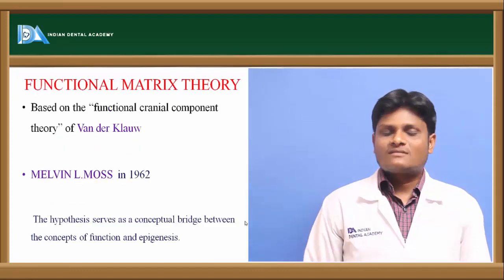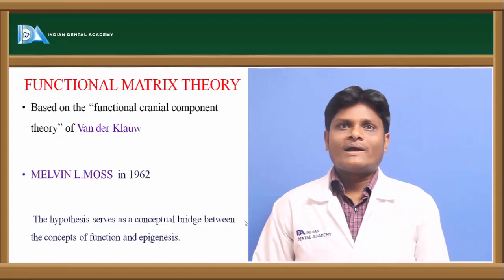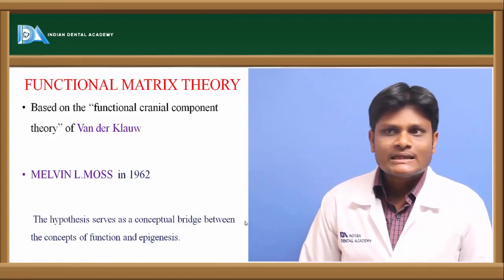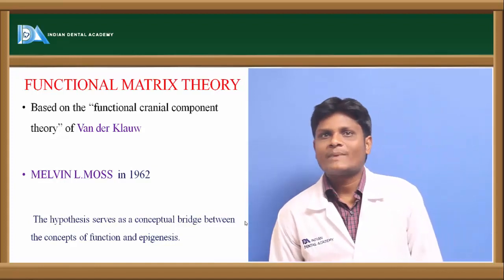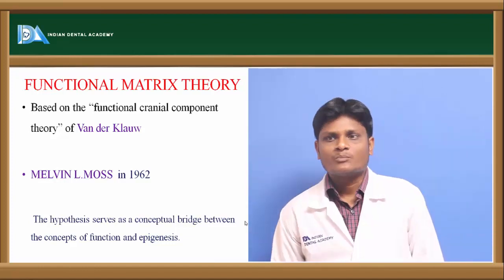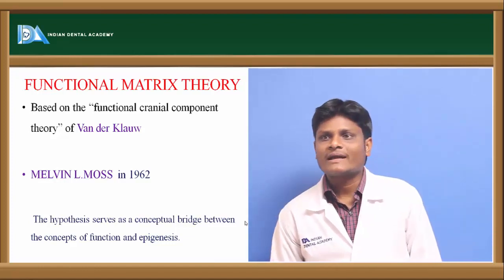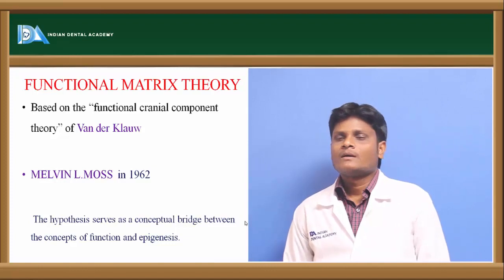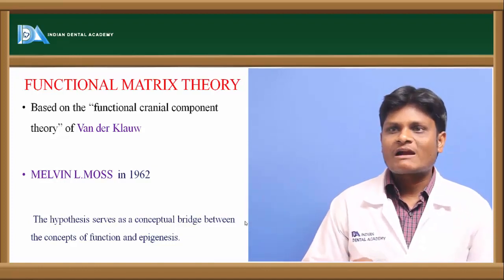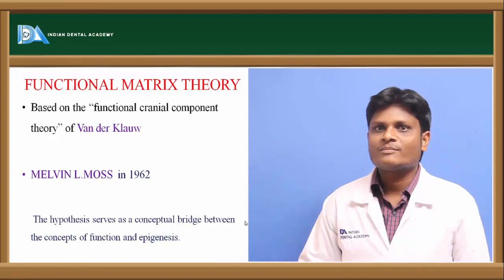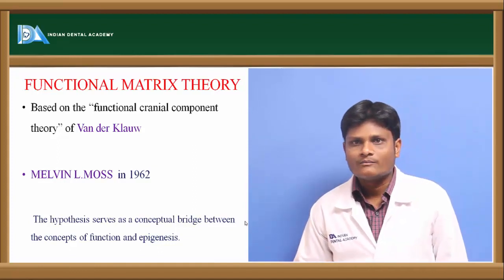The next important theory that is widely accepted and clinically implicated is the functional matrix theory or functional matrix hypothesis, proposed by Professor Melvin Moss in the year 1962. This theory is exclusively based on the concept of functional cranial component proposed by van der Klaauw.